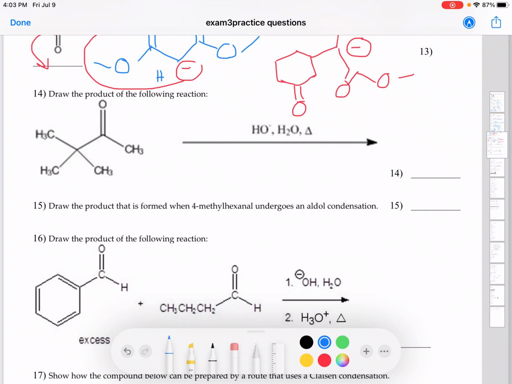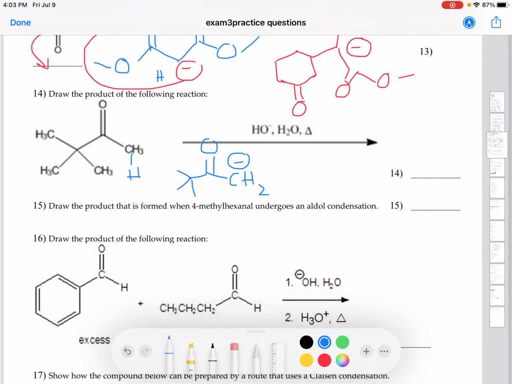Okay, so basically the base, so there are three hydrogens, excuse me, the base is going to take one of these hydrogens and create CH2 minus, and this has three groups.